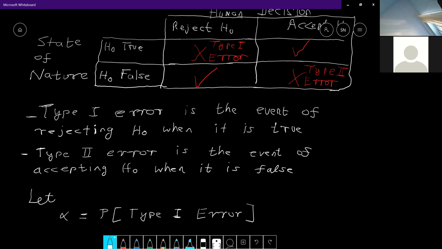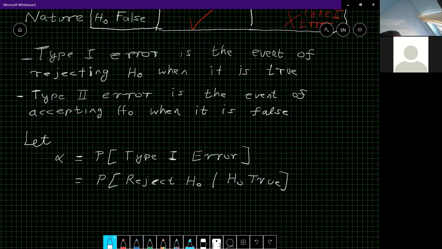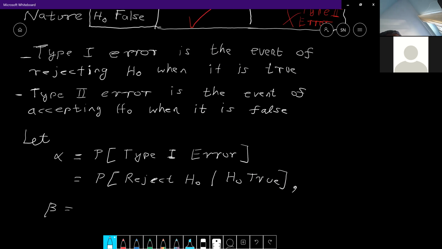In other words, it's the probability of rejecting H0 when H0 is true. It's a conditional probability, as you know. And let beta denote the probability of type 2 error.